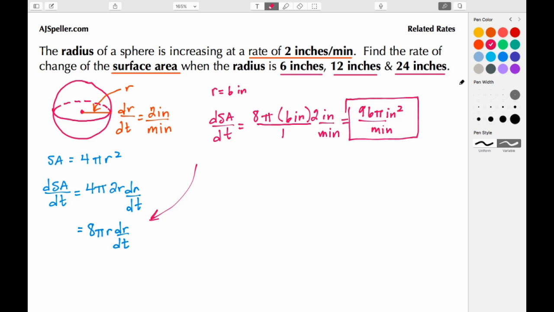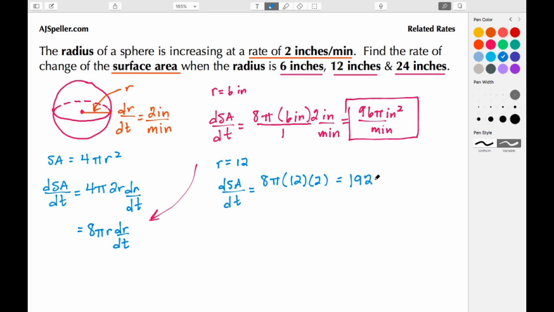Alright, let's move on to our next snapshot where r is 12. I'm going to leave off the units for speed. So I have dSA/dt is equal to 8 pi, and this time the radius is 12. Our rate of change is still 2. We end up with 8 times 12 times 2, which turns out to be 192.